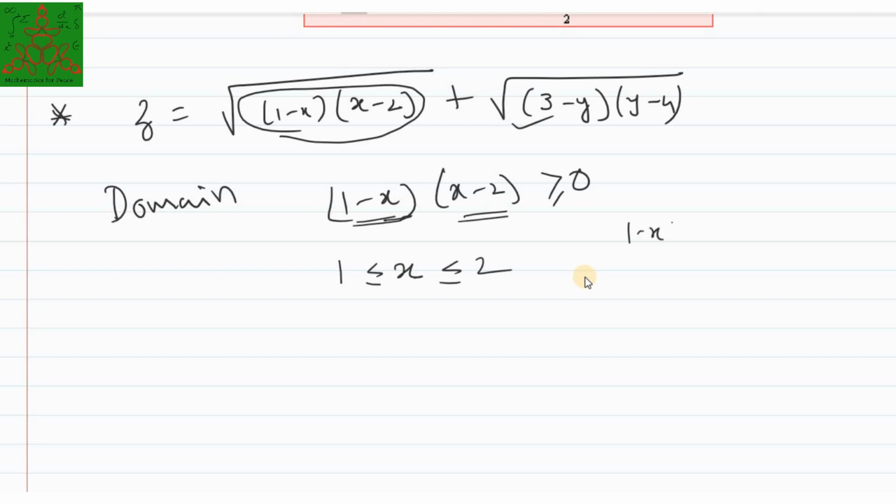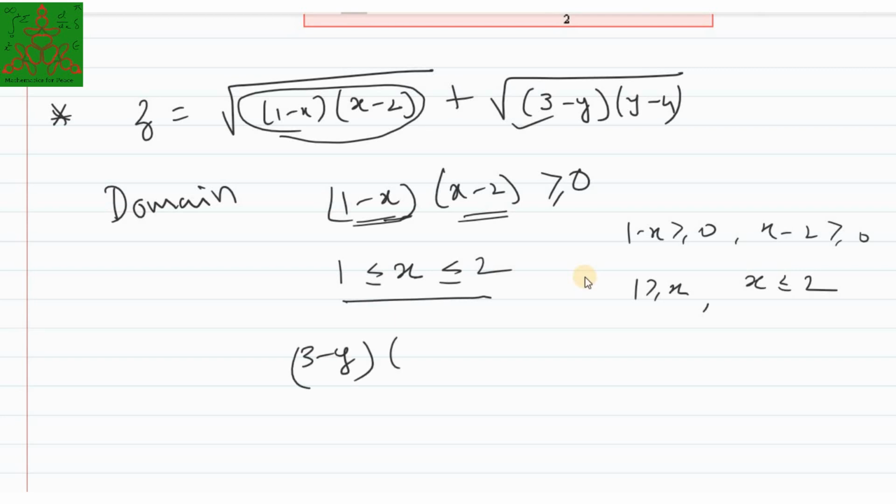Because 1 minus x is positive and x minus 2 is also positive. 1 minus x positive gives you 1 is greater than x, and x minus 2 positive gives you x is less than or equal to 2. So that gives you x is between 1 and 2. Similarly, you require 3 minus y and y minus 4 to be positive. This condition gives you y is between 3 and 4.